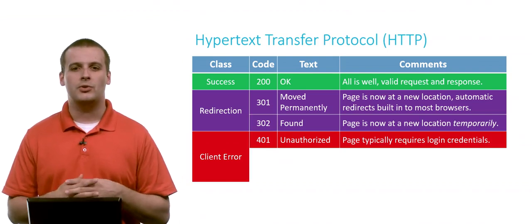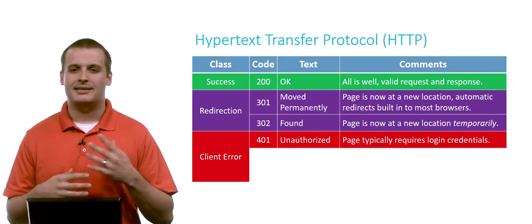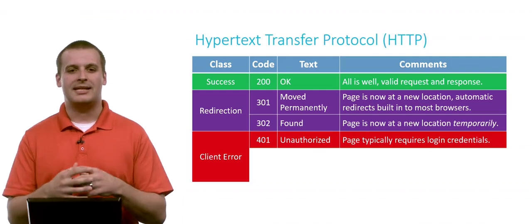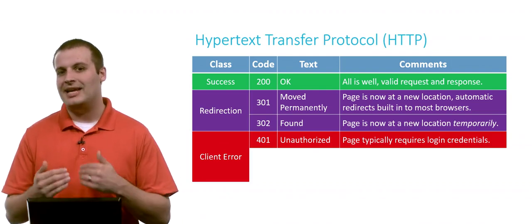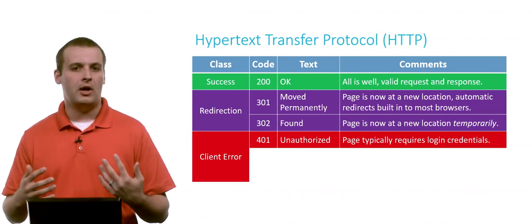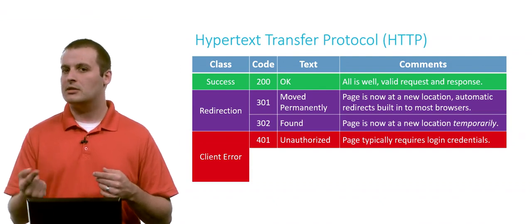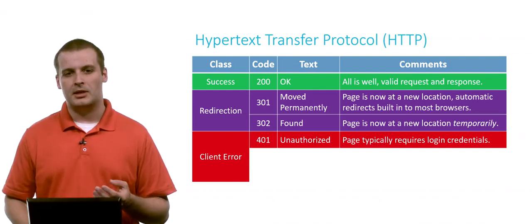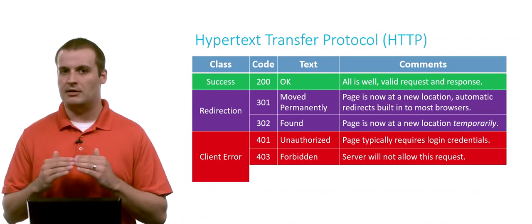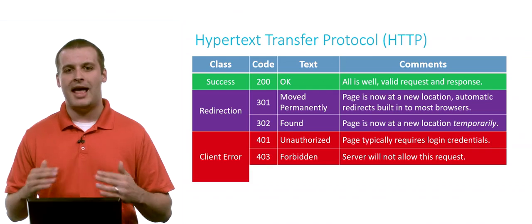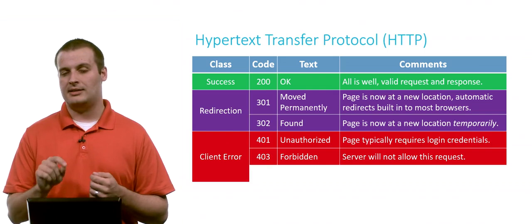So if you try and go to some profile on Facebook, or you're at work, trying to access something on your work's intranet, but you're not logged in, you can't see the page, you might get a 401 unauthorized, which means we probably will be able to satisfy this request, but first you need to log in to do so. Conversely, you might get 403 forbidden, which is it doesn't really matter if you're logged in or not. This request isn't allowed. The resource exists on the server, but you are not allowed to access it.